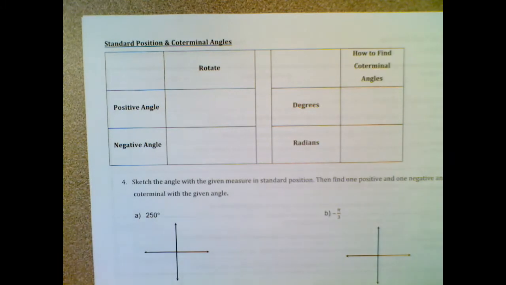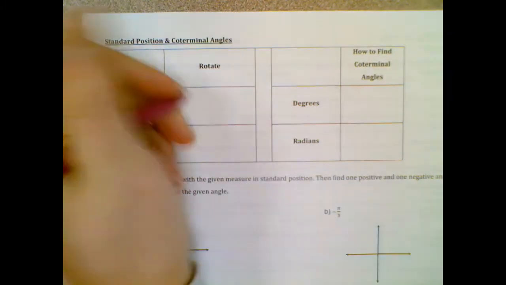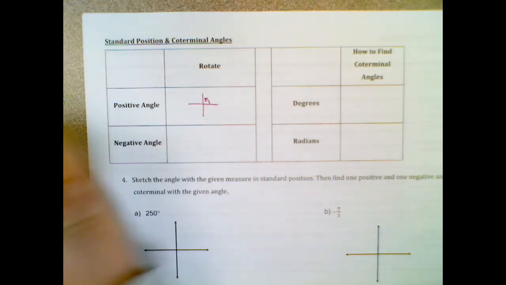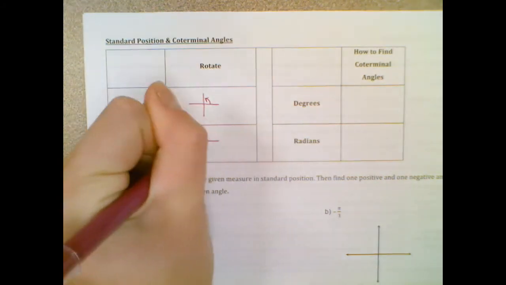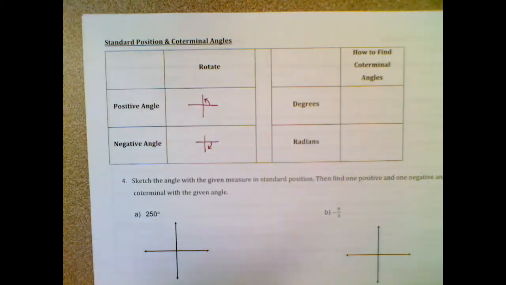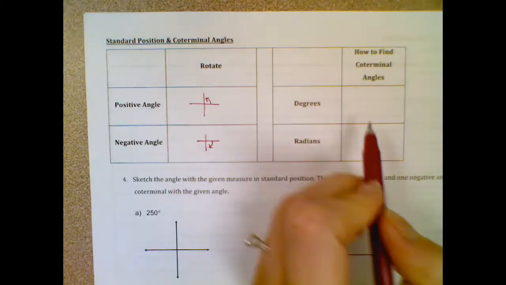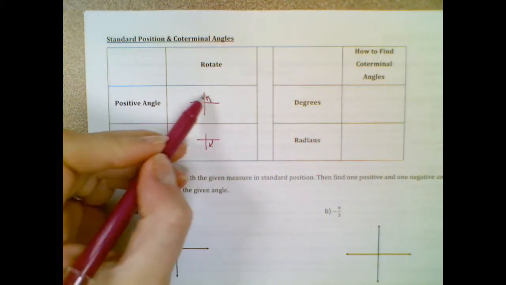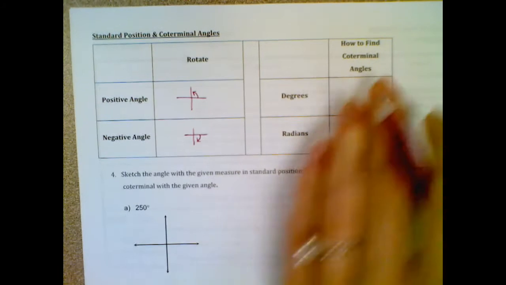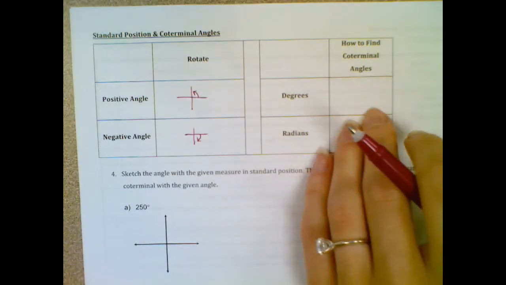Standard position and coterminal angles is where we're headed next. So if we have a positive angle, remember when we rotate, we're going to rotate up. If we have a negative angle, we're going to rotate down. Remember, you always start on this side of the x-axis, okay? You could also think of this as counterclockwise and clockwise. How to find the coterminal angles.